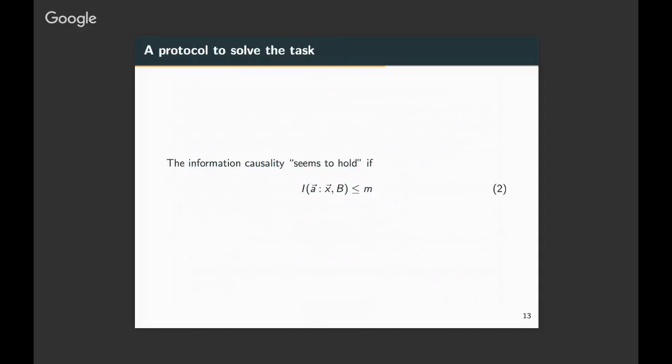And we will say that information causality seems to hold if I(A : X, B), where X is the message which Alice sent to Bob and B is Bob's resources, is less than or equal to M. So the mutual information between Alice's data set and everything that Bob has, which is the message from Alice and the no signaling box which Bob has, is less than or equal to M.